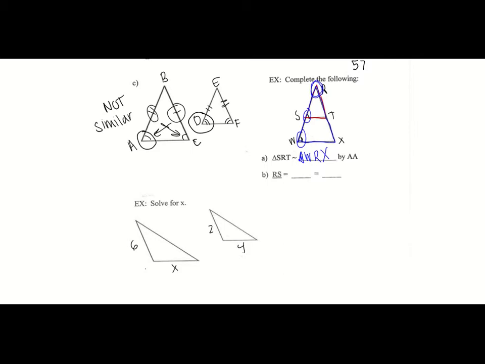So here, this is wanting us to write a proportion. So if we have RS, this side right here, RS, would be proportional to RW on the bottom.